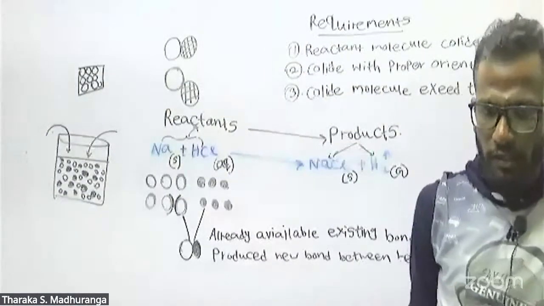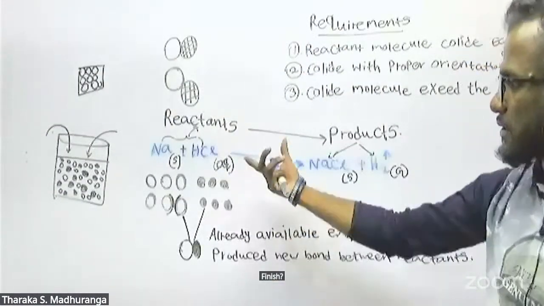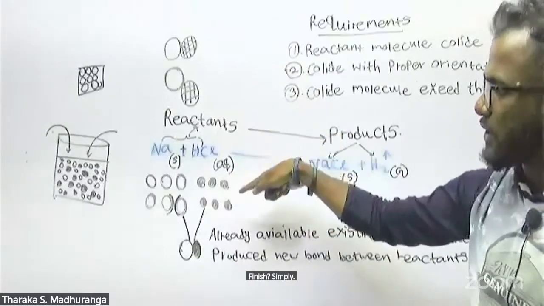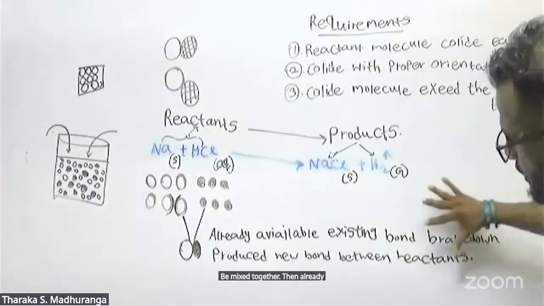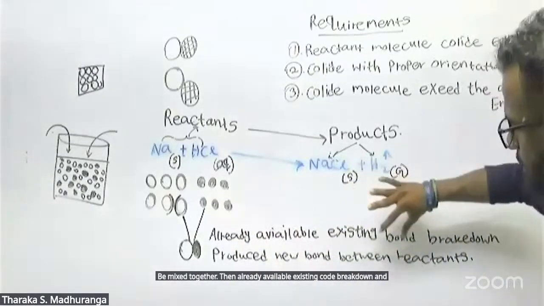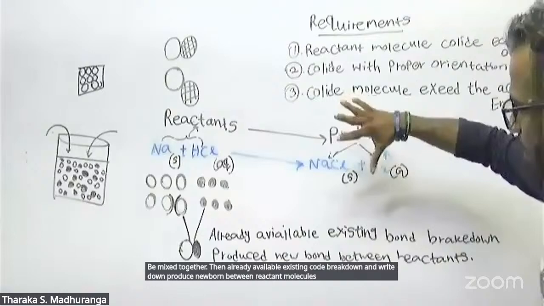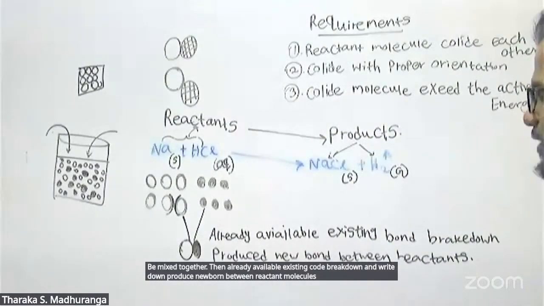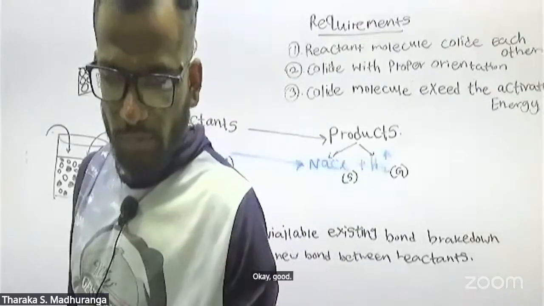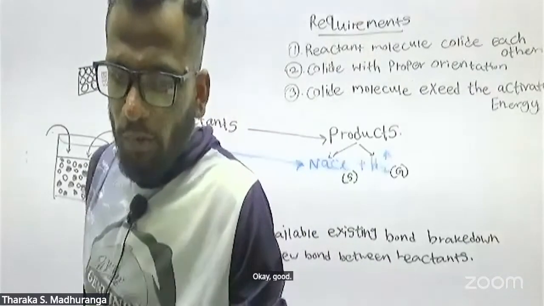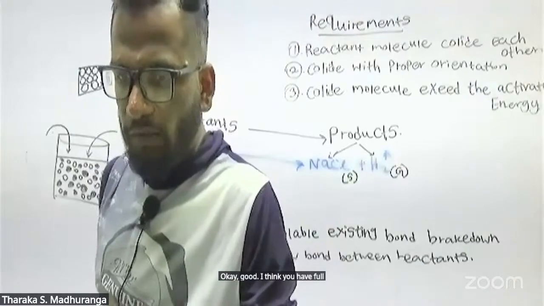Finished? A simple thing. We mix together, then the already available existing bonds break down and produce new bonds between reactant molecules. Then they are the product. Okay, good. I think you have a full idea about this story.